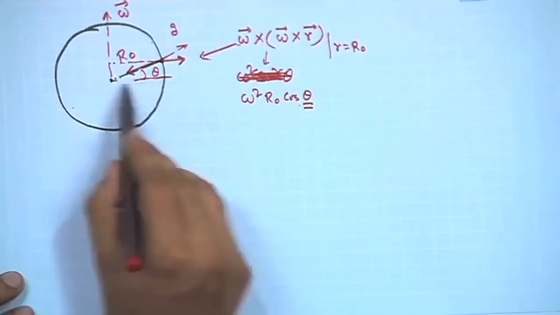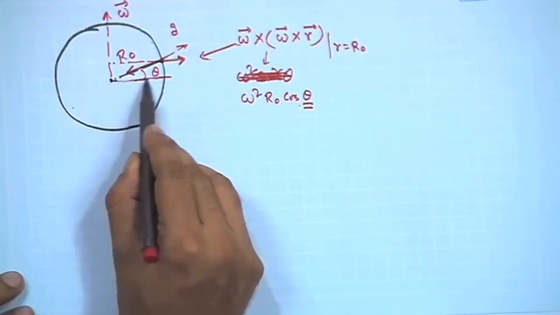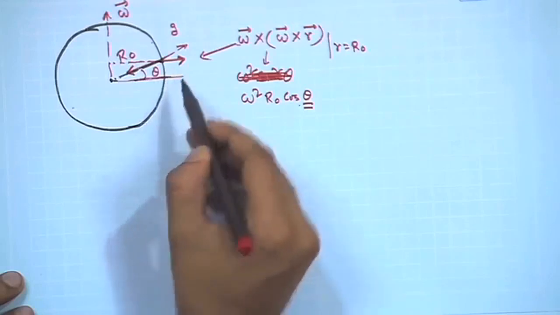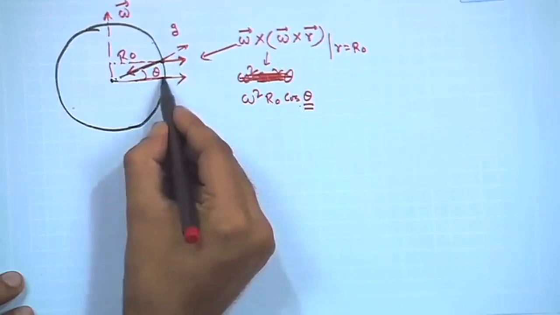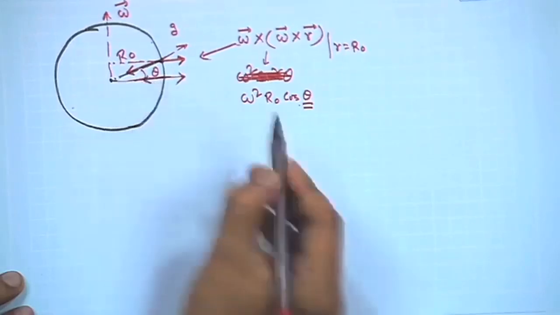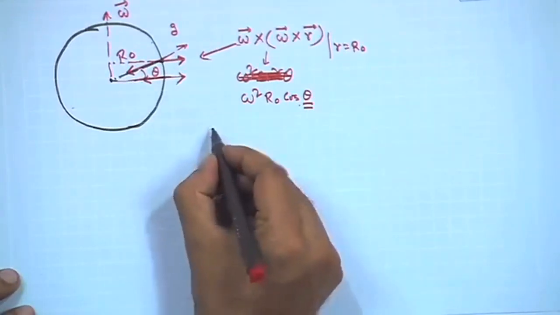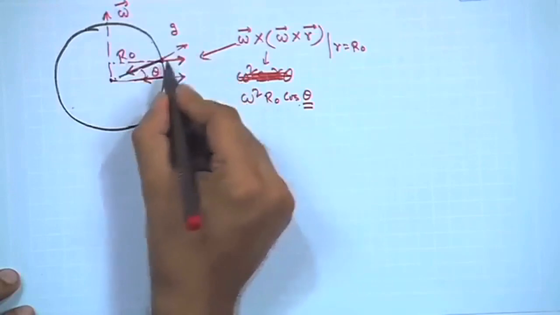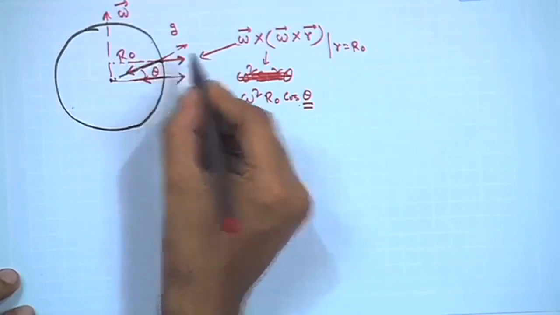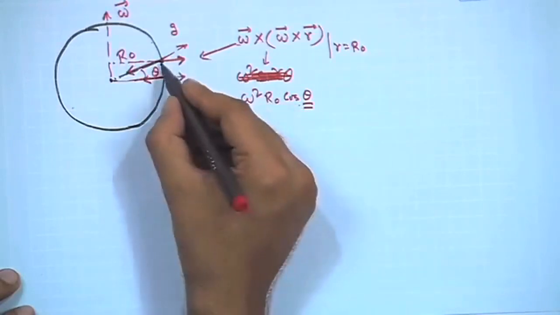Now, the equator does not have much of a problem, because this one acts along this line, and g acts along that line. So, they kind of cancel each other. At any other point they are not in the opposite direction.